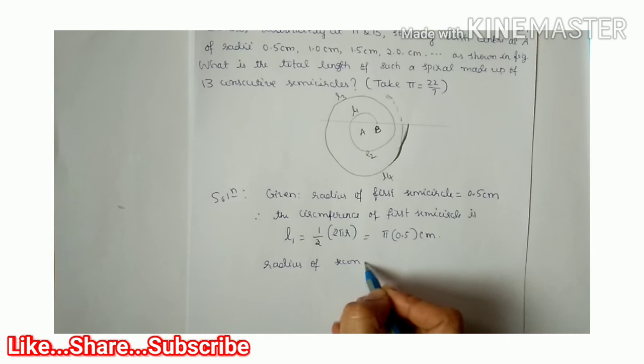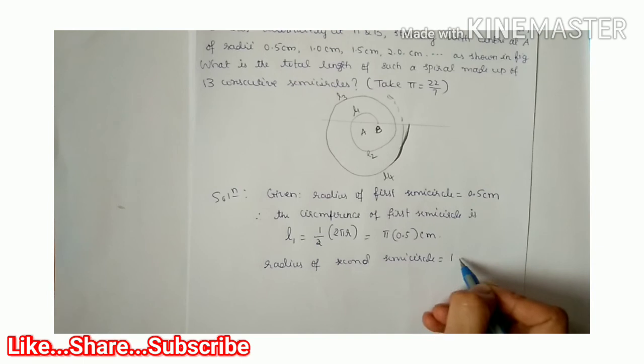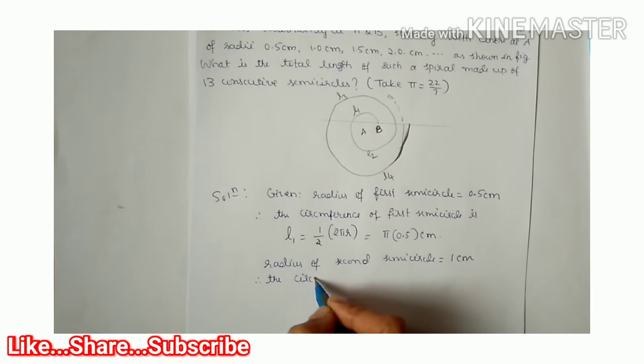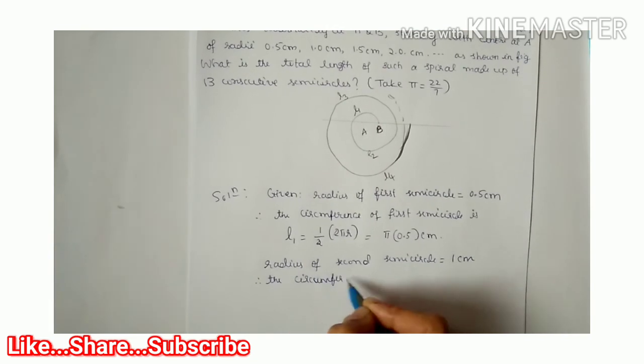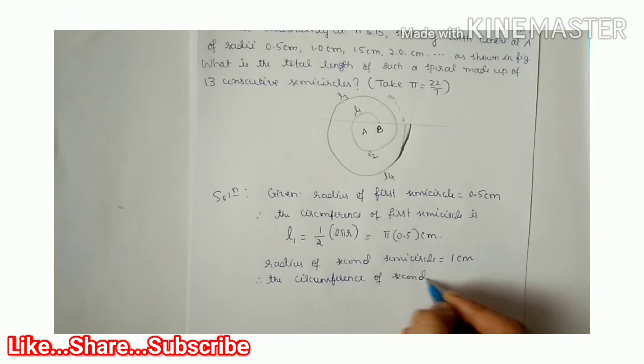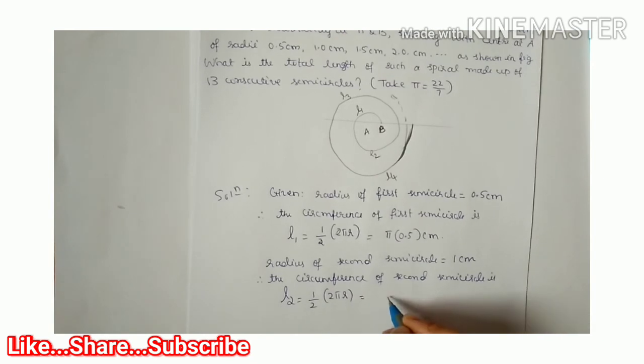Similarly, the radius of second semicircle is 1 centimeter. Therefore, the circumference of second semicircle is L2, half 2 pi r. Radius is 1 centimeter. Therefore 1 pi centimeter.